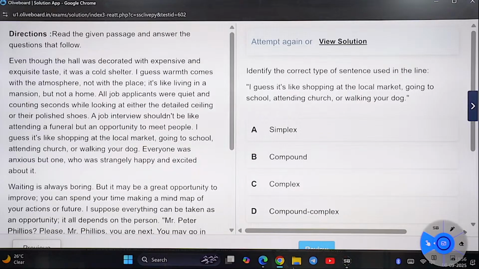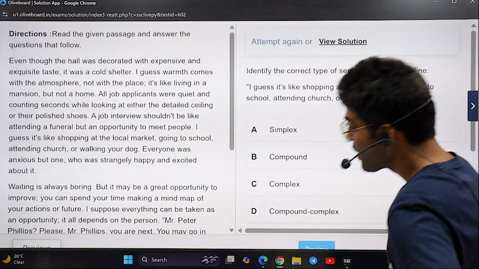That was a good test. Yes. I guess, you guess what?